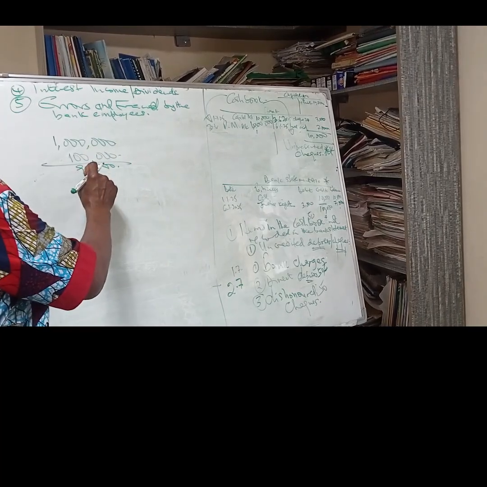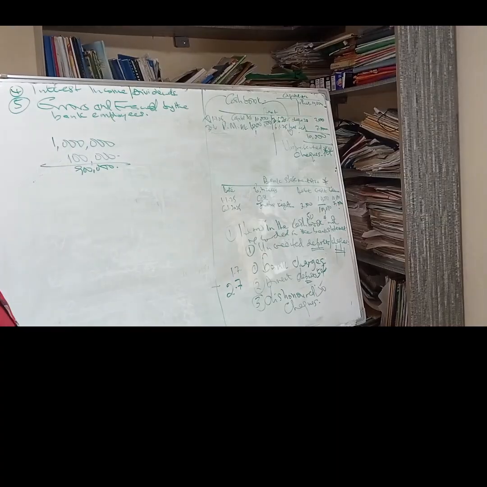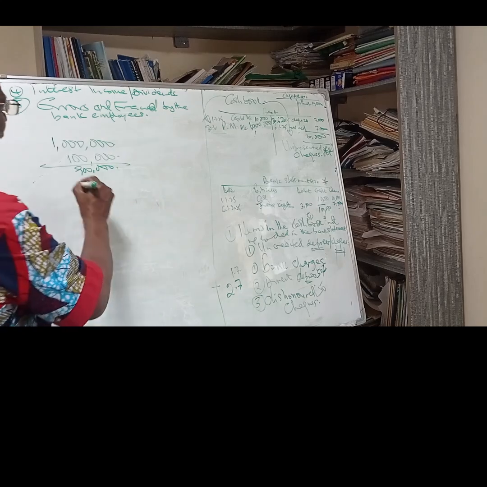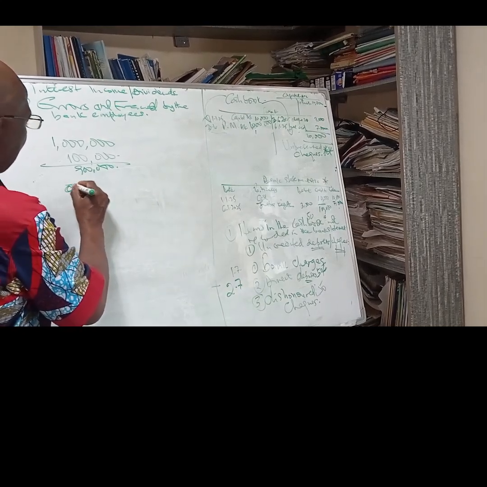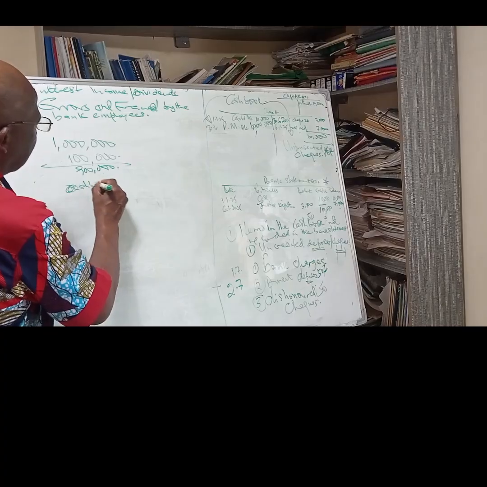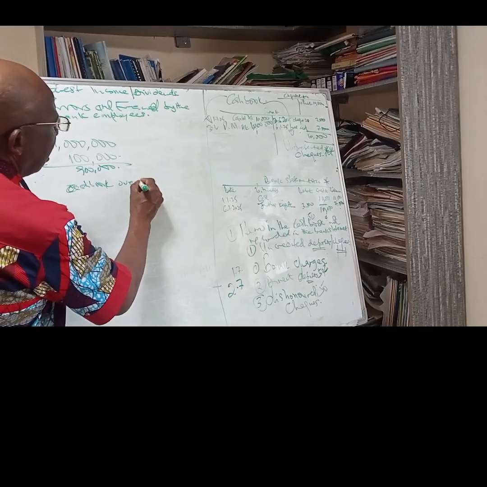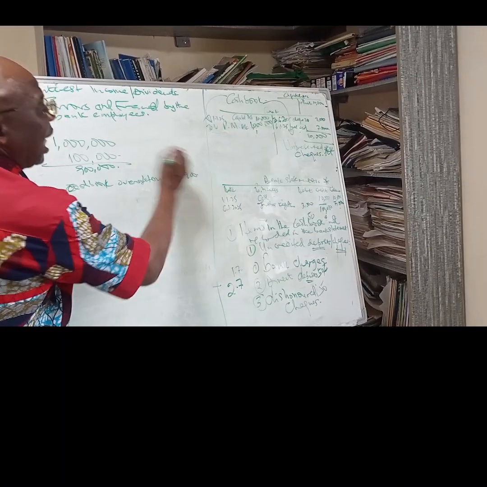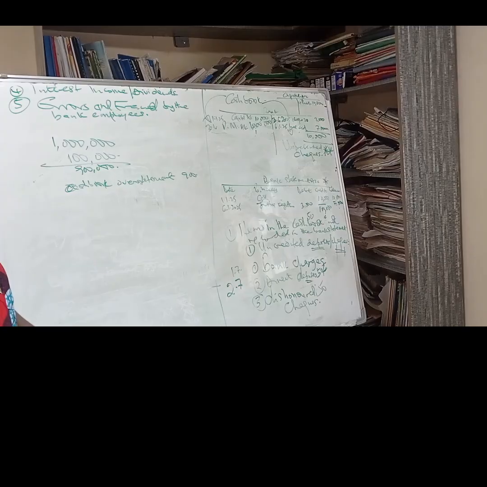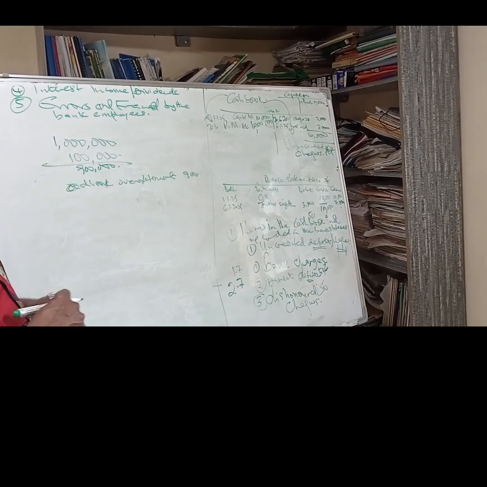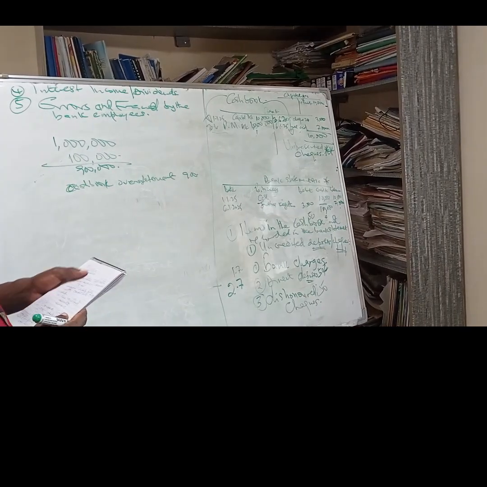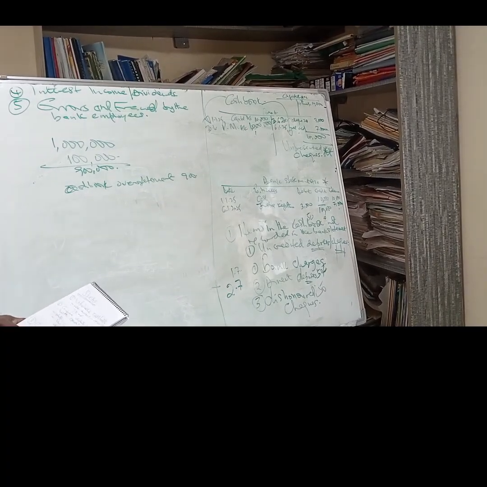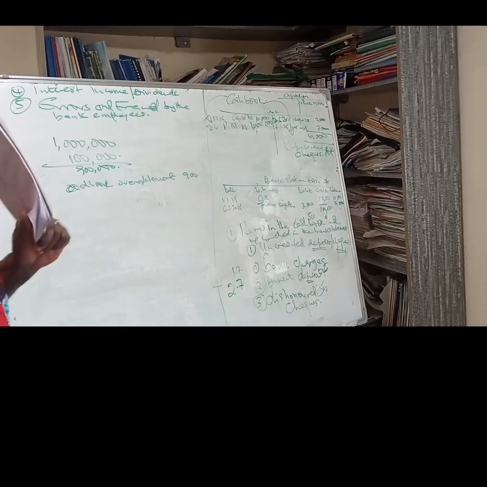So we need to go to the cash book and credit it, and we call it cash book overstatement. We reduce it with 900,000, so that the net effect will be 100,000.